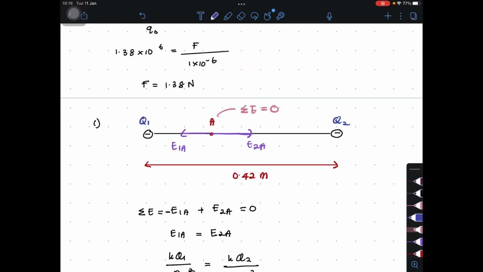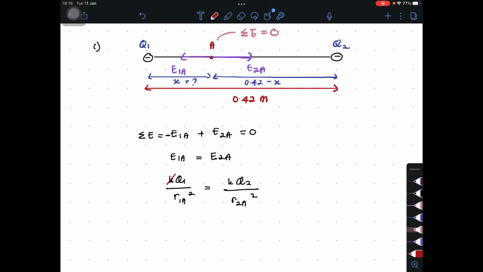Basically what we want is the value from here to point A, so we let that be x. What is the value for x here? Then from here to here, it will be 0.42 minus x.